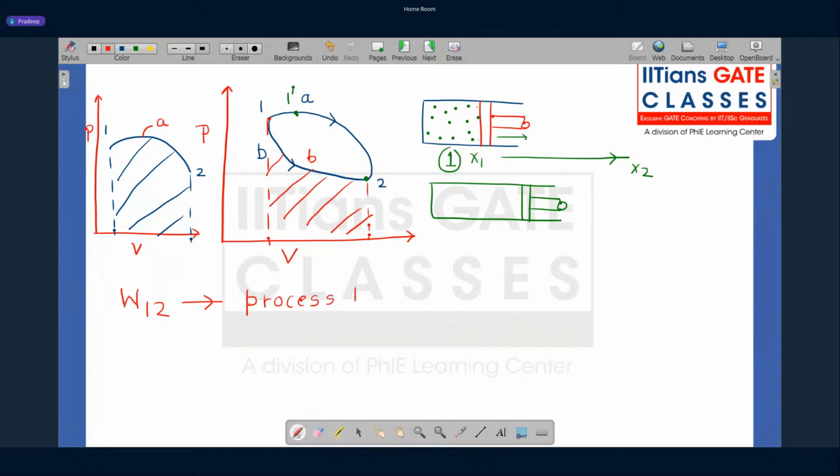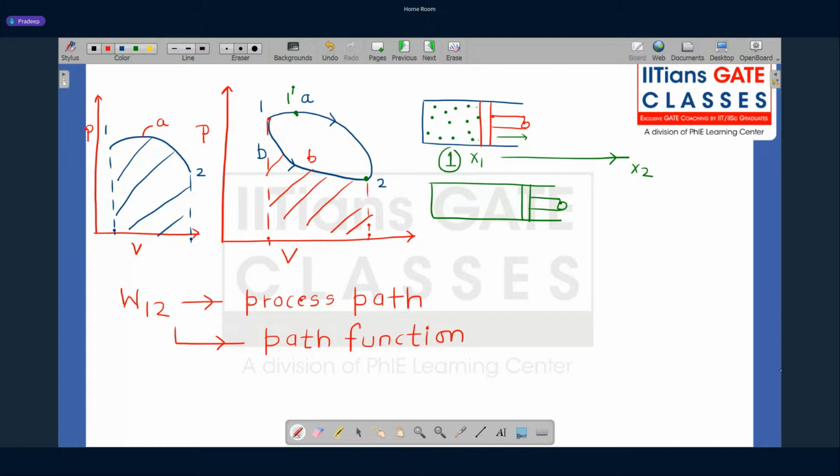It is very much dependent on the process path. So what kind of a function is work? I can say work is a path function. So work transfer is a path function, because it depends on the path.